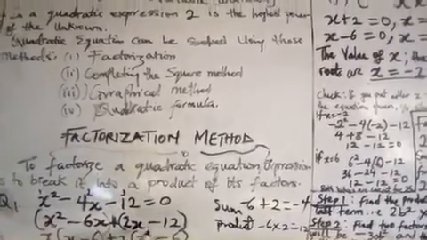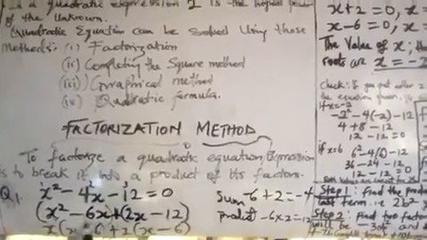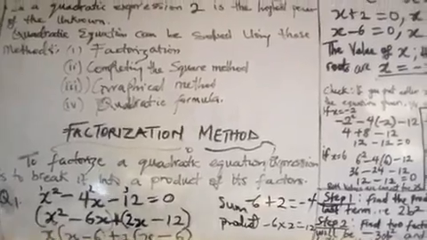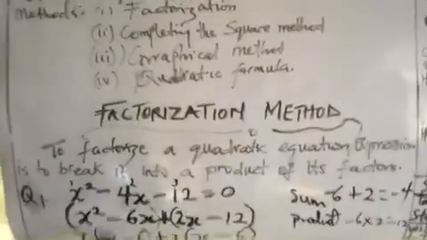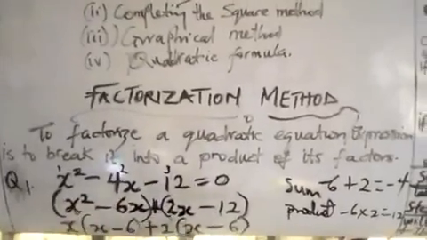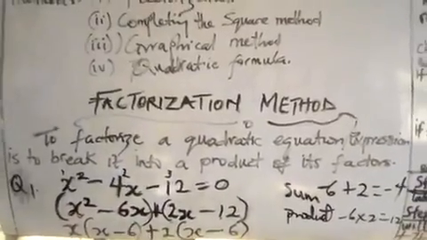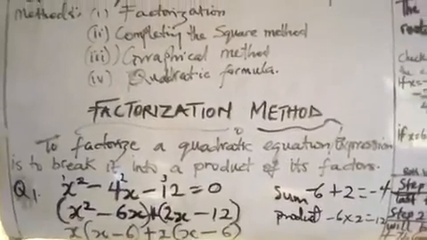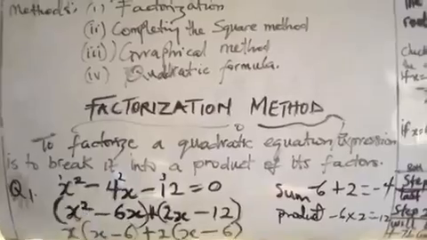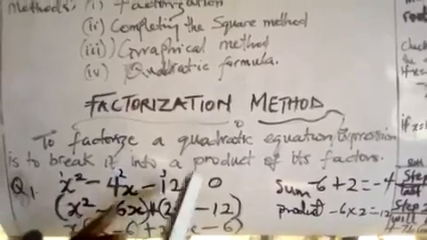You are putting the two factors into the expression. By the time you do that, from 3 terms you now have 4 terms: 1, 2, 3, 4. From that, you can easily group them into two. You group this one, you group the other one.